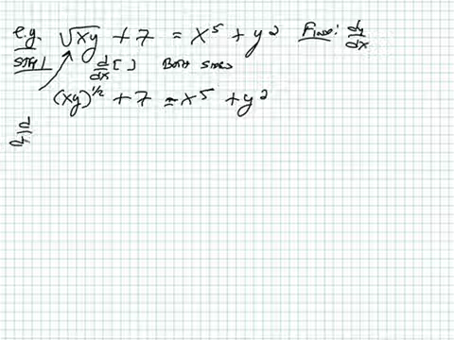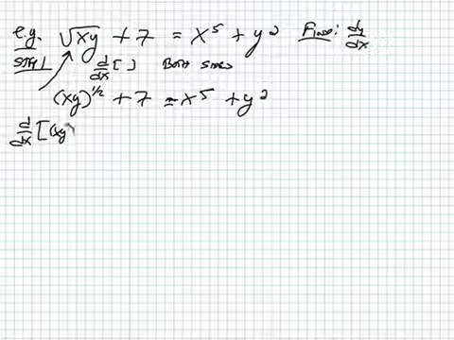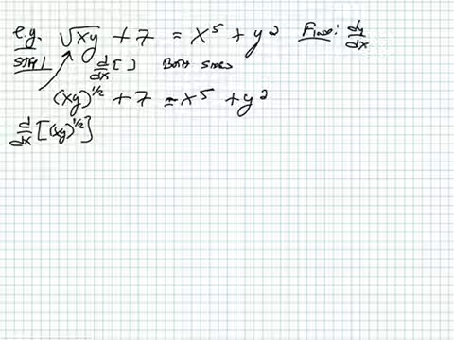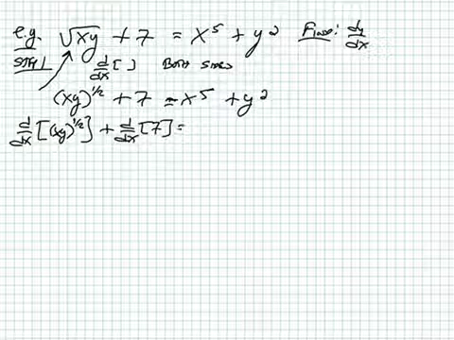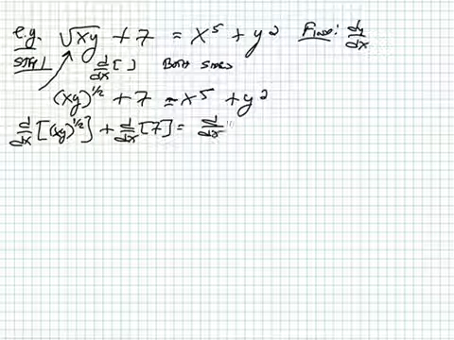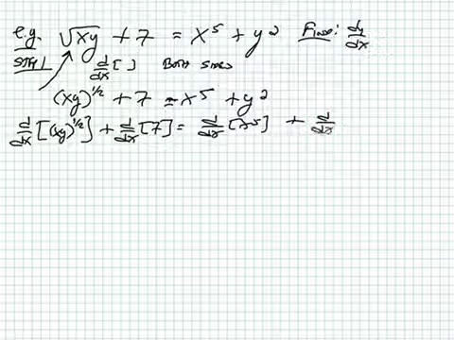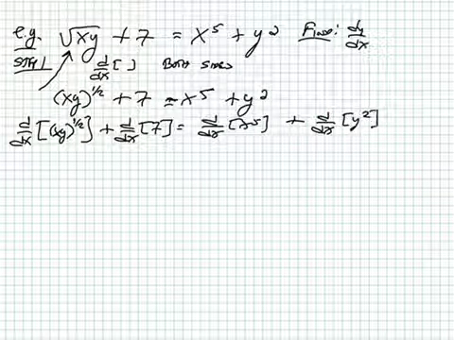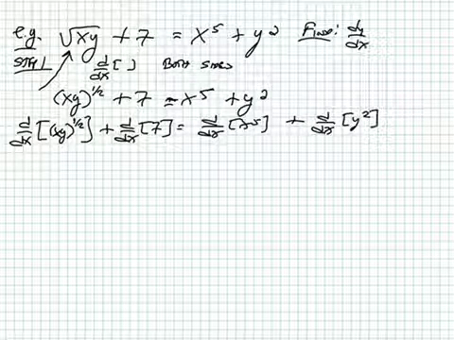So I've got d dx of xy to the 1/2 power plus d dx of 7, and that's equal to d dx of x to the 5th plus d dx of y squared. As you can kind of see, the one that's difficult is the first term, so let's do the others.